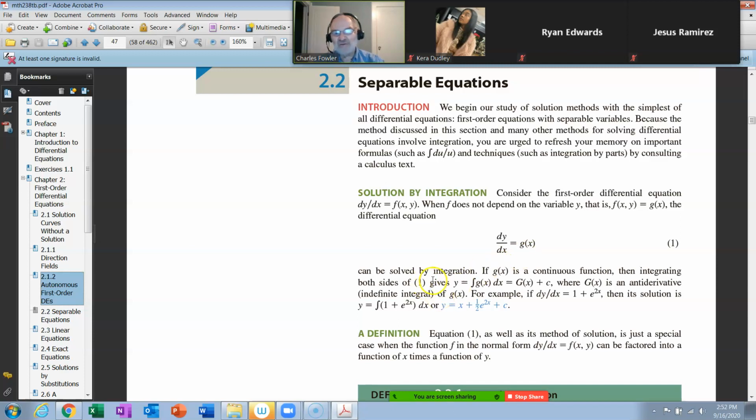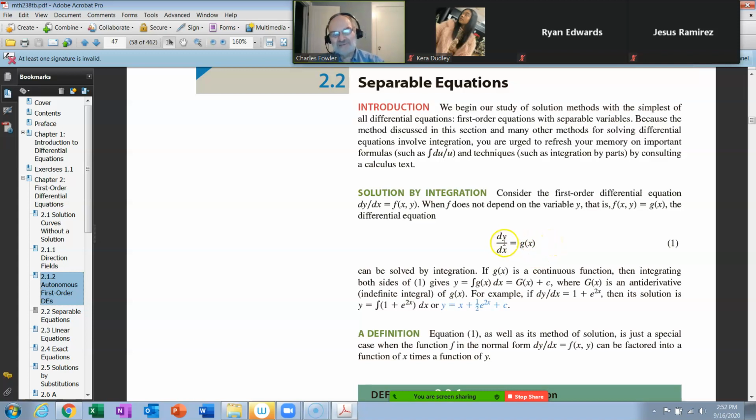That's equal to some g of x. That can just be solved by integration. And back when you were doing integration, they like to throw in differential equations when you're doing just this simple kind. So if g is a continuous function, then integrating both sides gives this. Now here's what I like to do first.